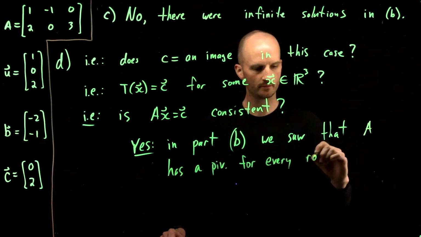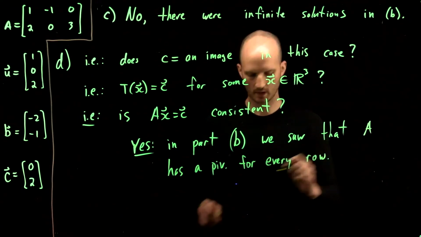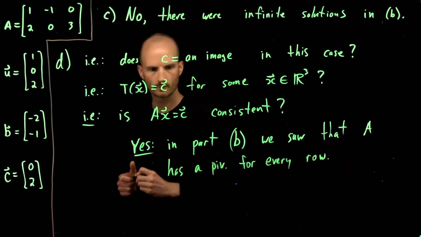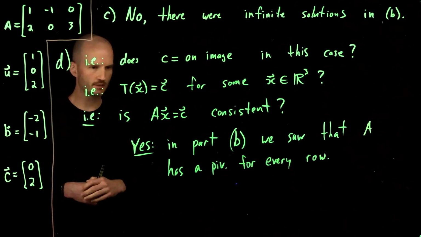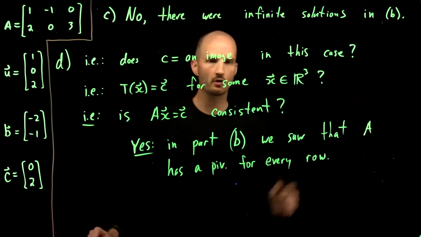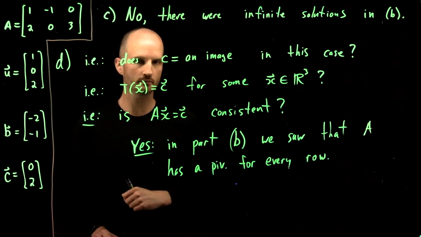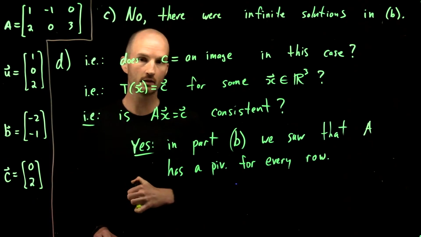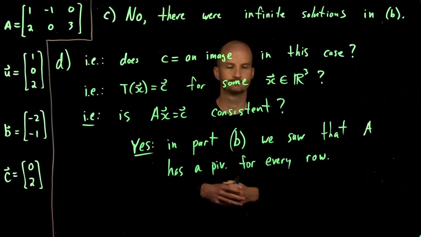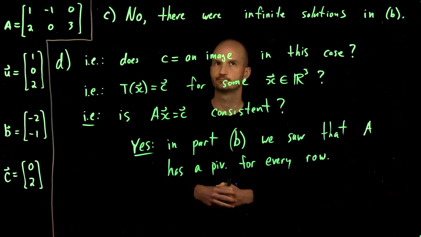So you'll remember we had a theorem which said that if A has a pivot for every row, then AX equals whatever is necessarily consistent. Okay.